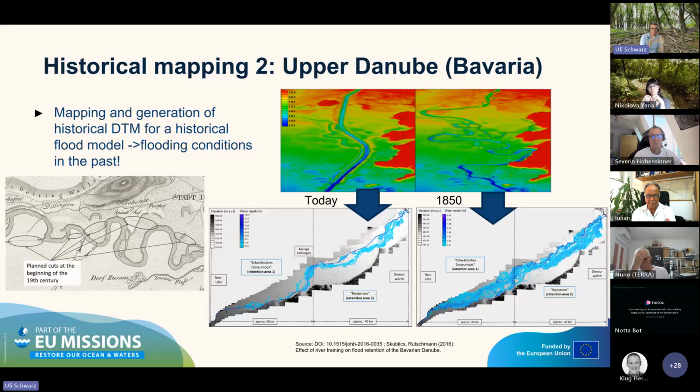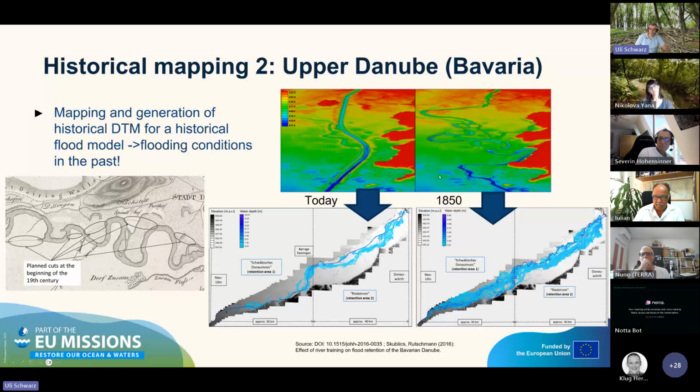Now I'm coming to the upper Danube, split into Bavaria and Austria, with one slide each. In Bavaria, there is one quite nice work of Skublic and Rutschmann from 2016, trying to extract the digital terrain model seamlessly from the historical maps, for a Danube reach of approximately 30, 40 kilometers or even more.